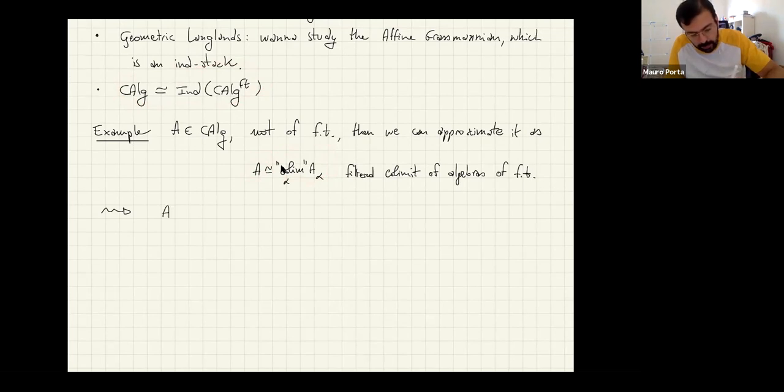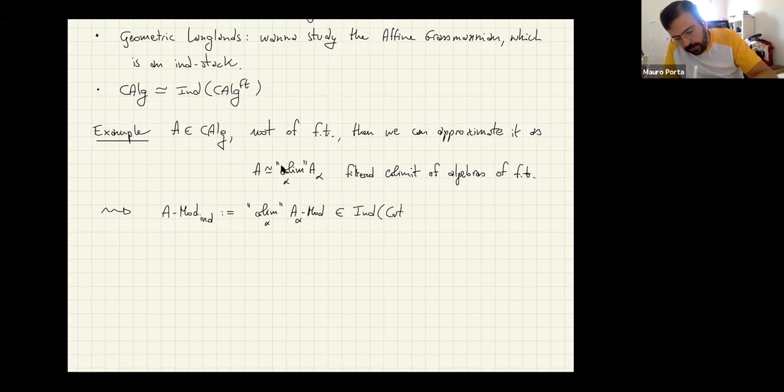I could look at A-mod^Ind, which is the colimit over alpha of A_alpha-mod, and I want to see it as an object in Ind Cat infinity. If you prefer, you can put Pr^L; it's not really important for the talk of today.